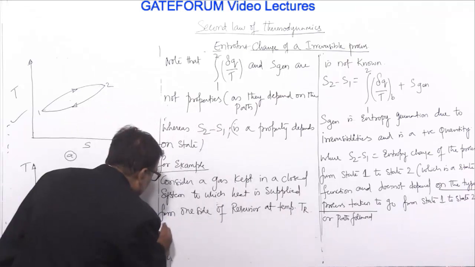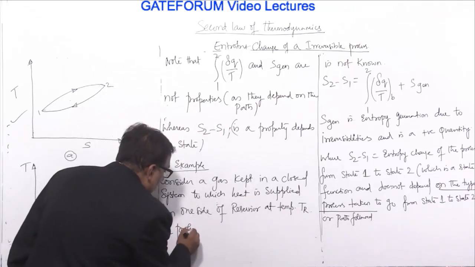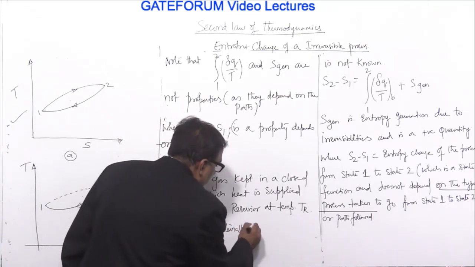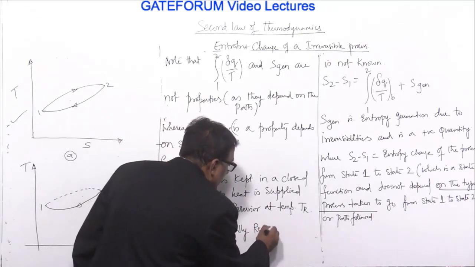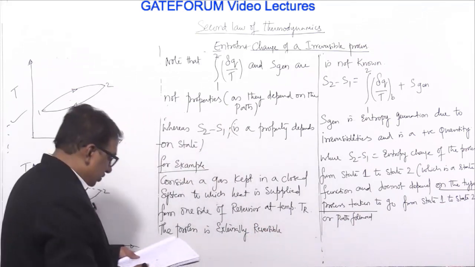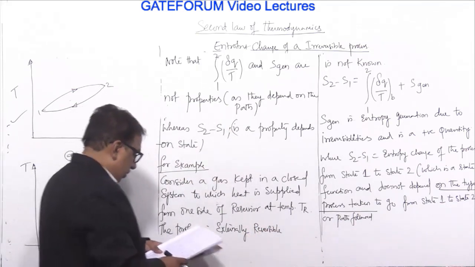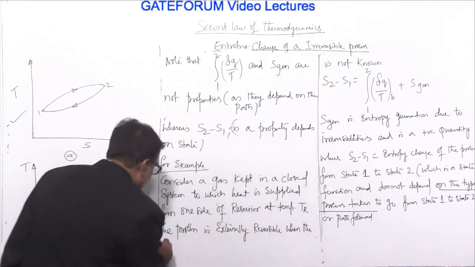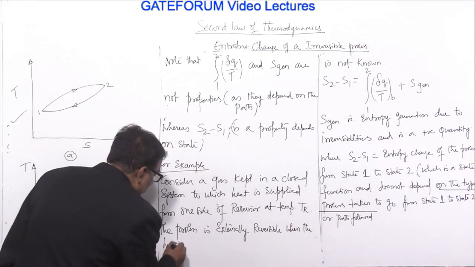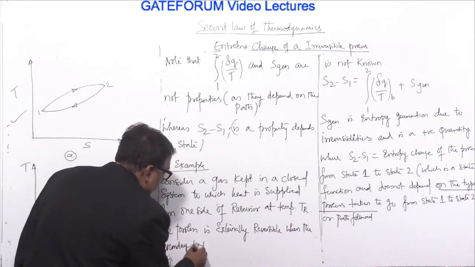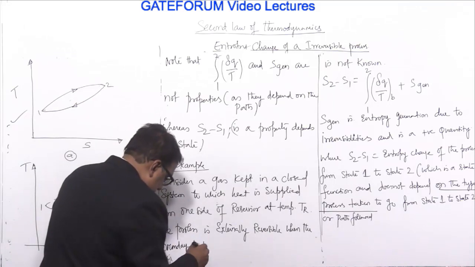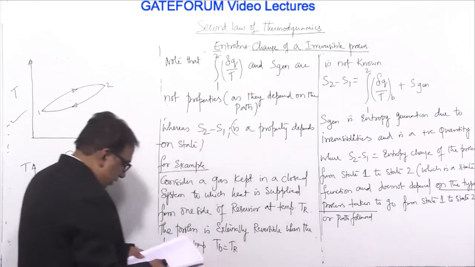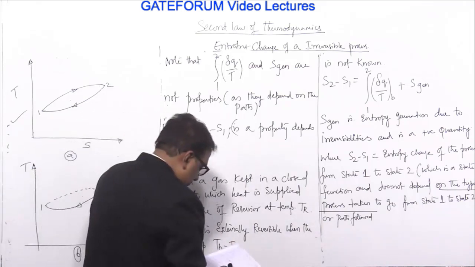The process is externally reversible. Yesterday we saw what externally reversible is. The process is externally reversible when the boundary temperature Tb is equal to Tr. The boundary temperature Tb is equal to Tr.